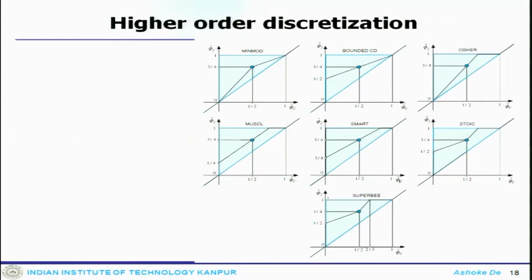Now, again these are the pictures which show the normalized variable diagram for different HR schemes.